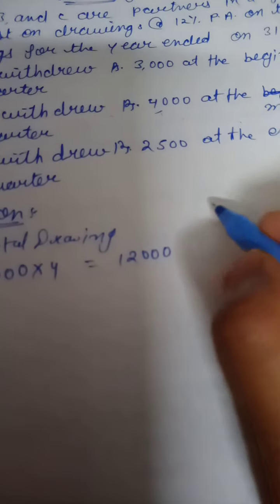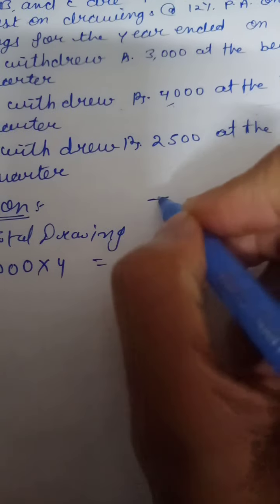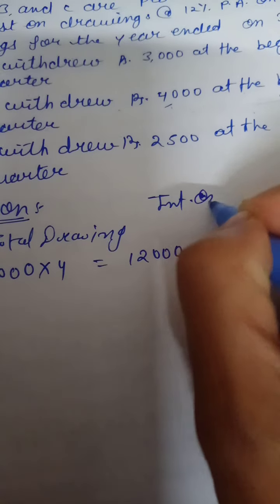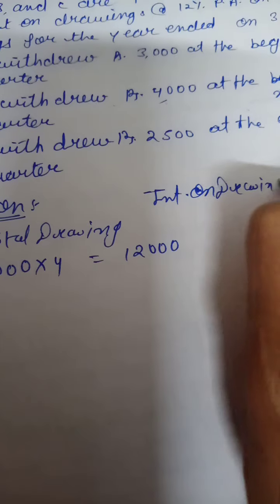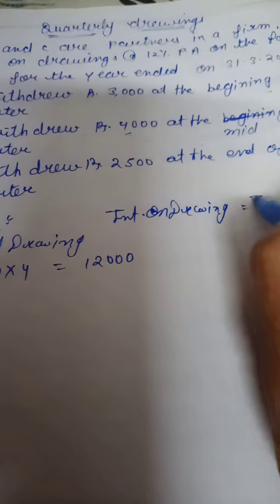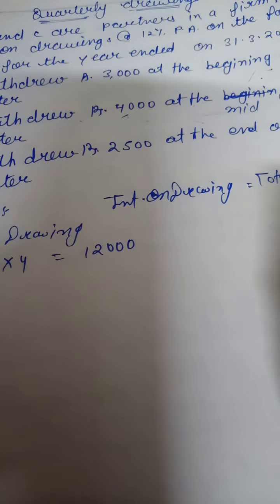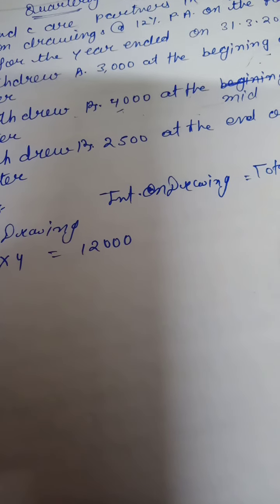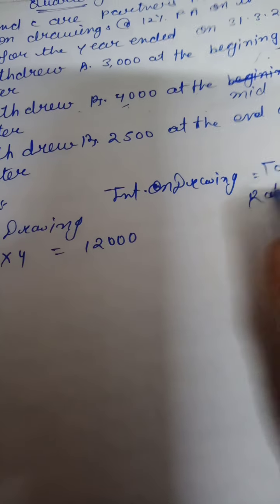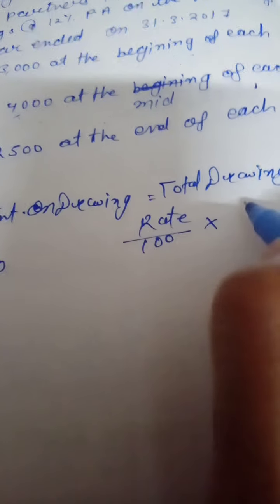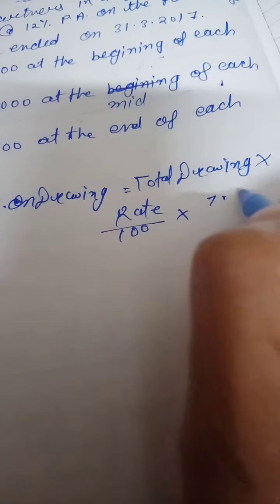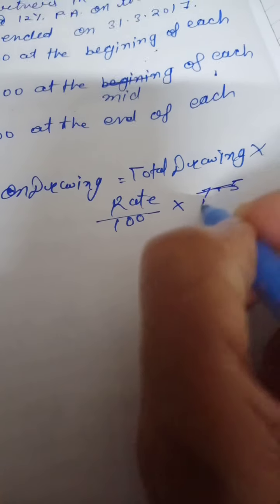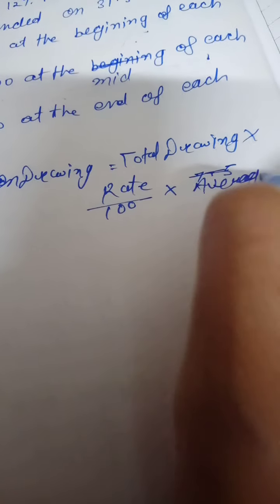Then the formula: interest on drawing is equal to total drawing into rate upon 100 into average period upon 12.